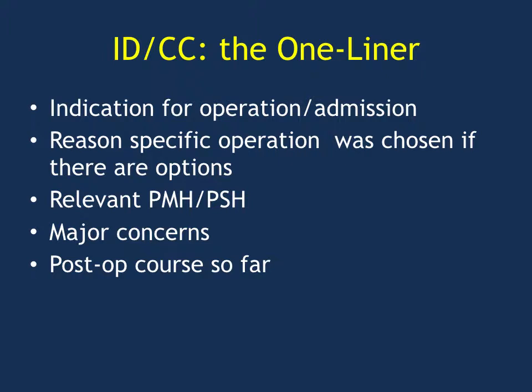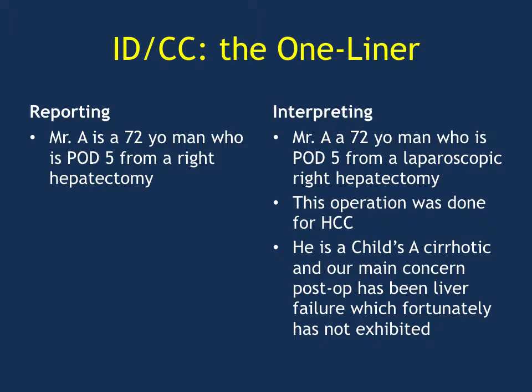And this is where major concerns both related to the operation or the comorbidity can be expressed, but this could also be done at the end in the assessment part as well. And that goes also for the post-op course so far. So let's look at an example of this. So on the left is a simple reporting of a 72-year-old man whose post-op day from a right hepatectomy.